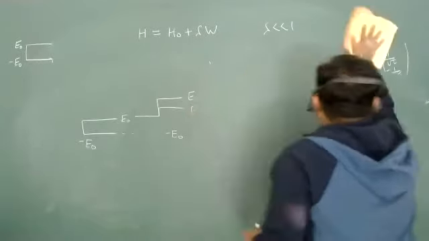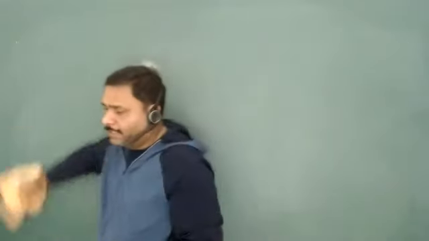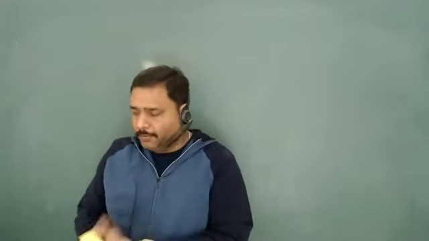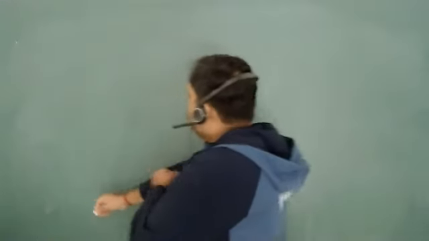And please, matrix form is the most important thing to solve degenerate perturbation theory. Anyhow, you have to write the matrix. If it is not given in matrix form, then you have to write everything in matrix form. This is very important. So keep all these things in mind. Let us go for the next problem.